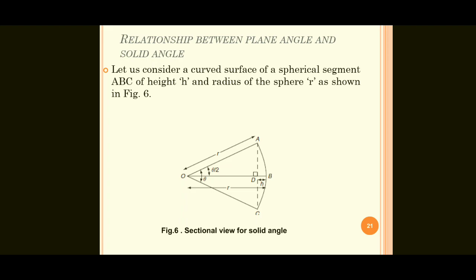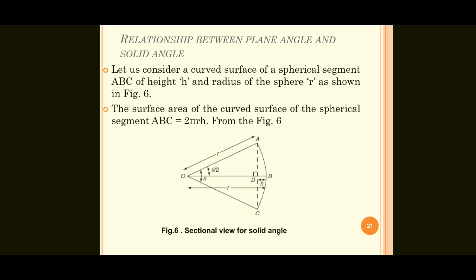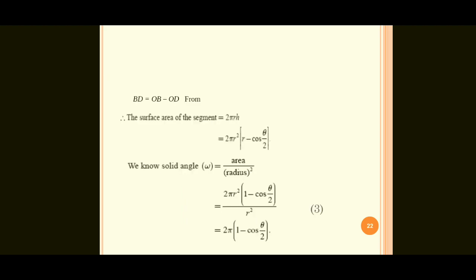Height as h and radius as R. So the surface area of the curved surface of the spherical segment is 2 pi R h. So next one, h equals R minus R into cos theta by 2. Means take R as common, 1 minus cos theta by 2.